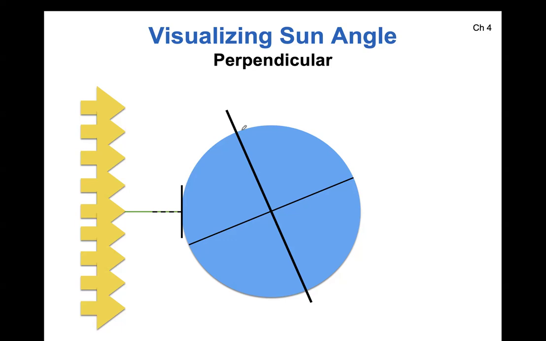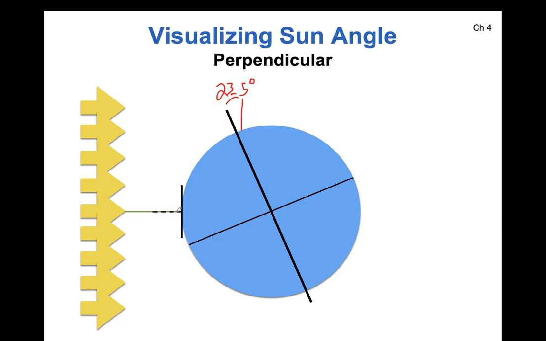So maximum tilt, right? This is our 23 and a half degrees. We're tilted all the way. The North Pole at least is tilted all the way towards the sun as much as it'll ever tilt. And we have some latitude right here where the sunlight is directly overhead.